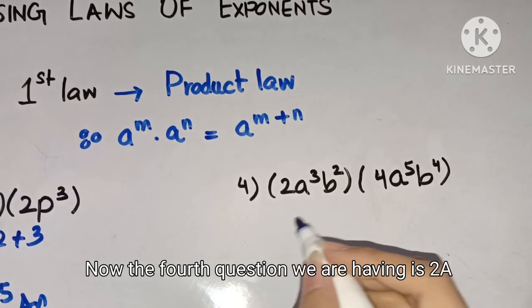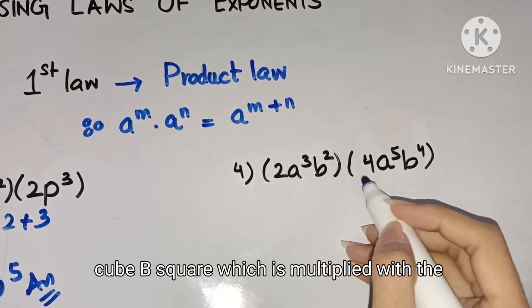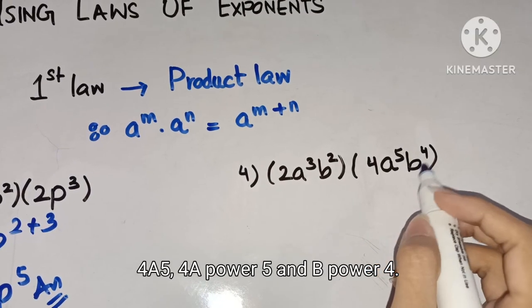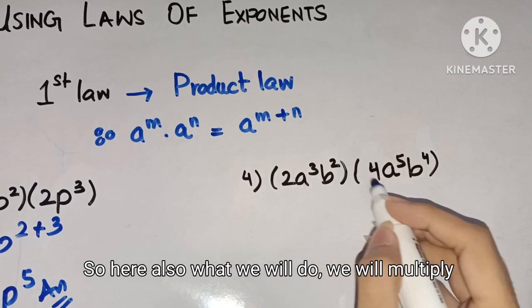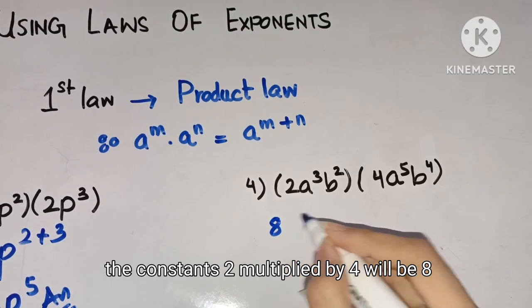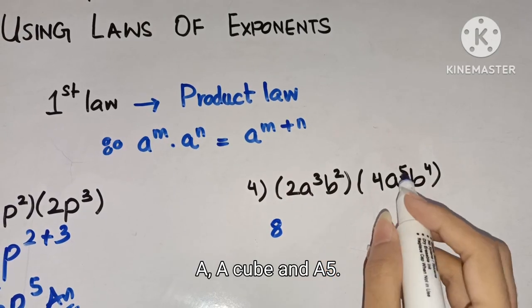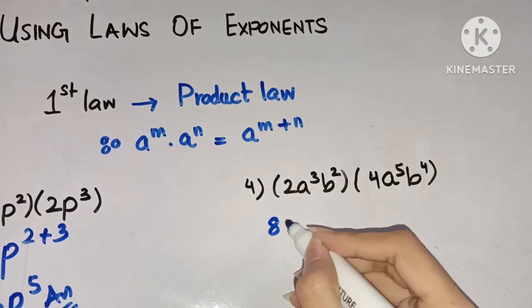Now the fourth question we are having is 2a cube b square multiplied with 4a power 5 and b power 4. So here also we will multiply the constants. 2 multiplied by 4 will be 8, and a cube and a power 5, we will solve it using the first law of exponent.